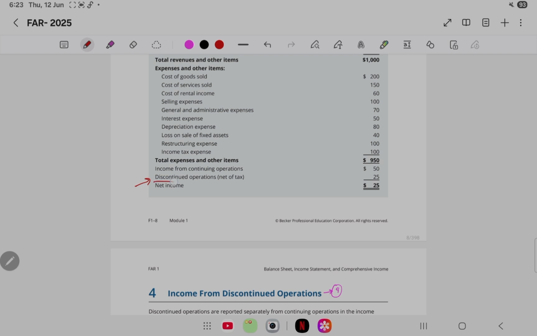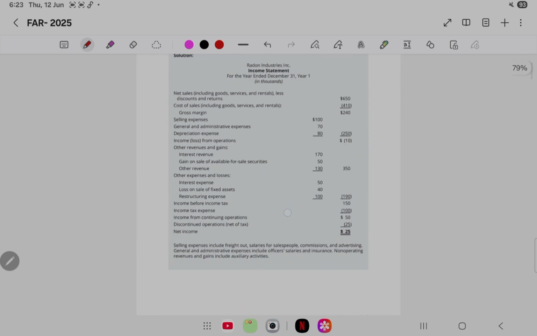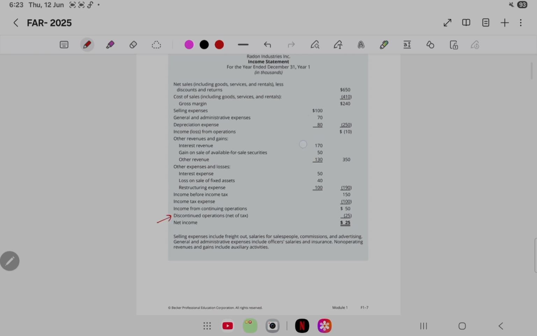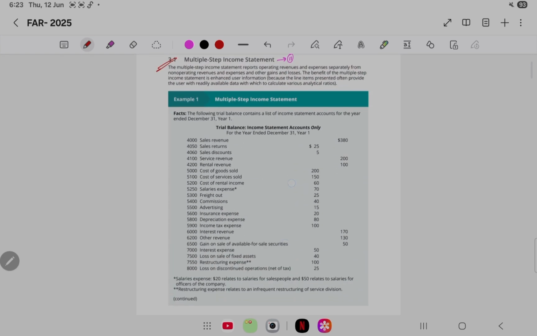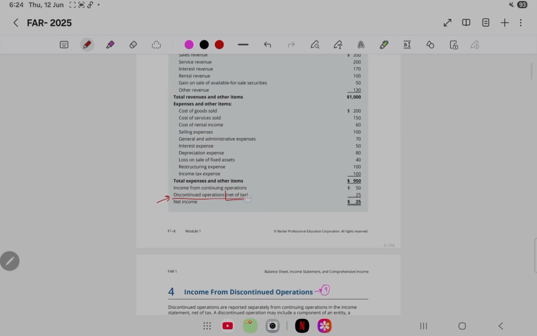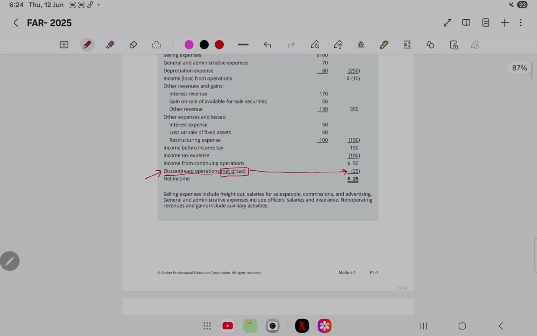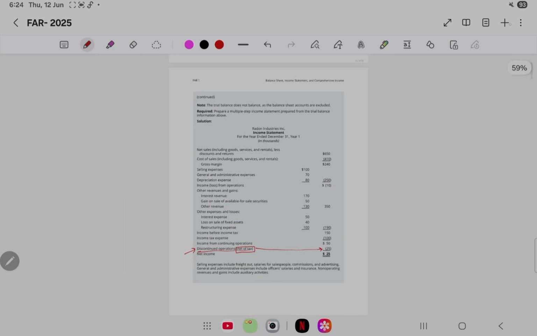If you see here, discontinued operations, in the multi-step, are always considered net of tax. Also here, net of tax, in both the models we show them separately.